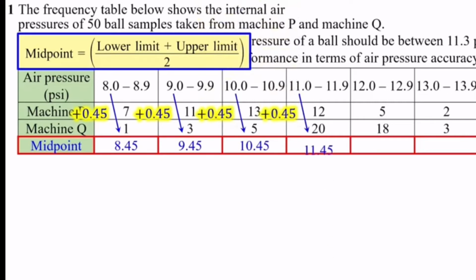So we need to write the midpoint first by adding 0.45 for every class interval by using its lower limit. So 12.0 plus 0.45 will produce 12.45.